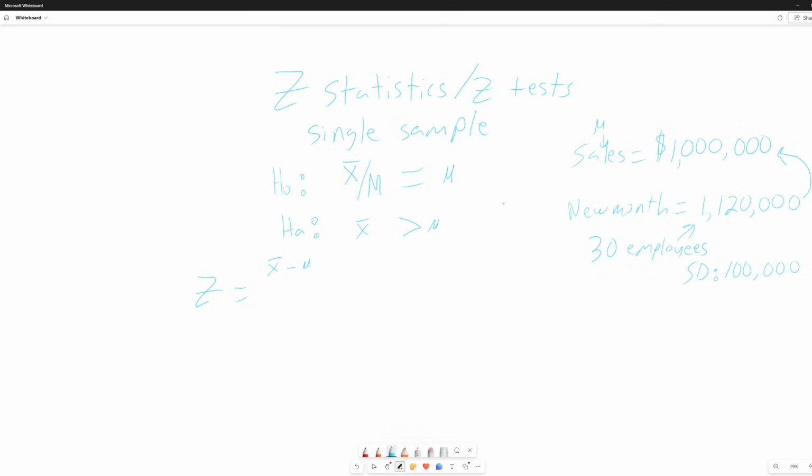And the difference here is going to be $120,000, but we're going to do X bar minus mu, divided by your standard deviation, divided by the square root of n, which is the square root of your sample size. So this is your sample mean. This is your population mean. This is your standard deviation, and this is your sample size.